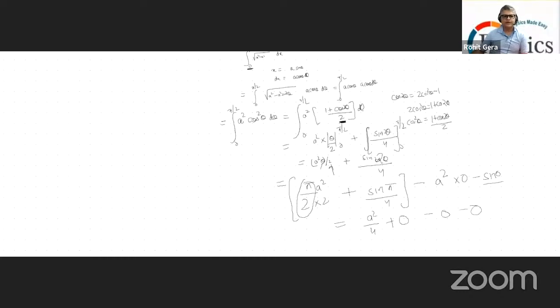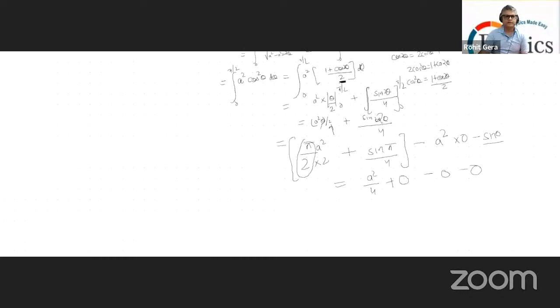So what you get is, I think I forgot to write pi, so this is pi a square by 4.